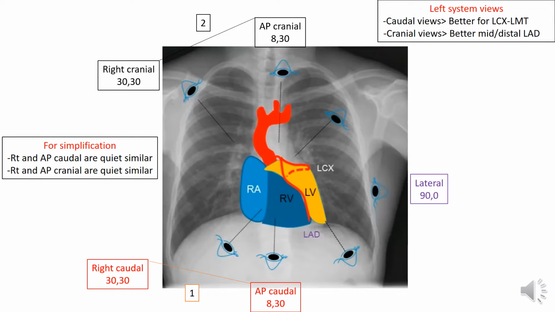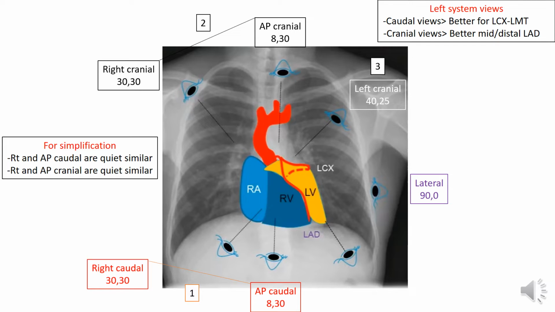The second orientation is the spider cranial and right cranial view. Here we are looking at the heart from the head side of the patient. These views are aligned more with the interventricular septal groove. So in these views we will find the LAD running along the picture from the cranial to caudal direction.